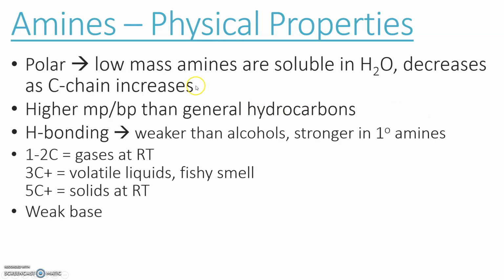ethanamine. Amines are polar molecules, which means that small amines are soluble in water, and they get less soluble as the carbon chain gets longer and longer. They have higher melting point and boiling point than general hydrocarbons because they have hydrogen bonding. The hydrogen bonding they have is weaker than in alcohols, and it's stronger in primary amines than it is in secondary.